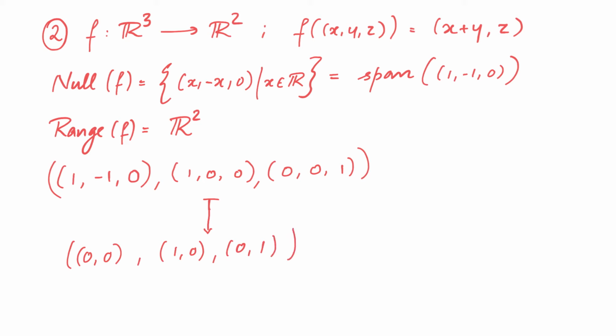And clearly the two vectors (1, 0) and (0, 1) span R2, which is equal to range of f. So in this fashion, we have understood the rank nullity theorem for these two examples. And this basic idea that we saw in this example can be generalized to a proof that works for all cases. Let us now look at that proof.